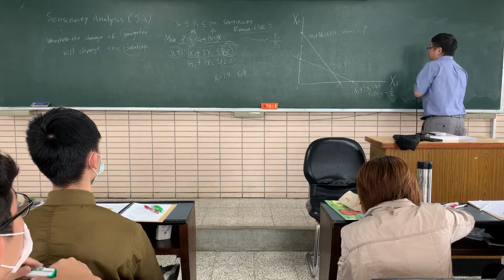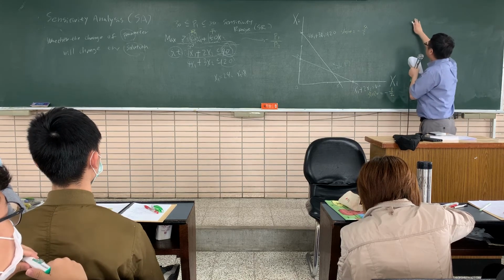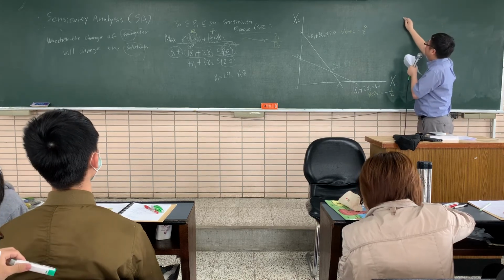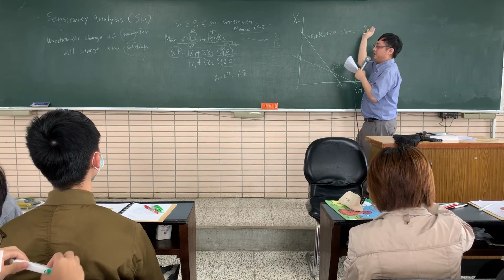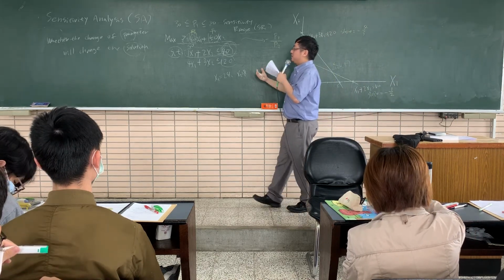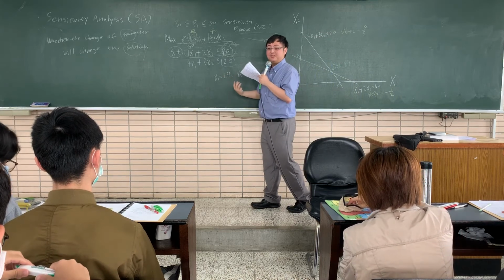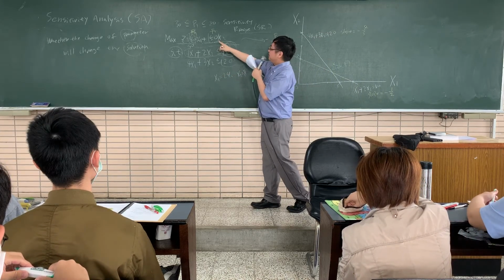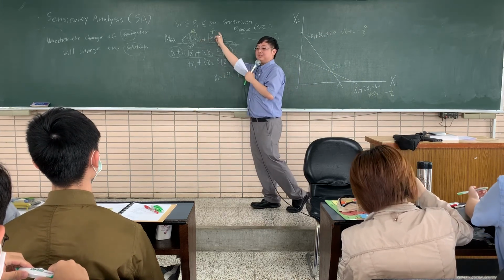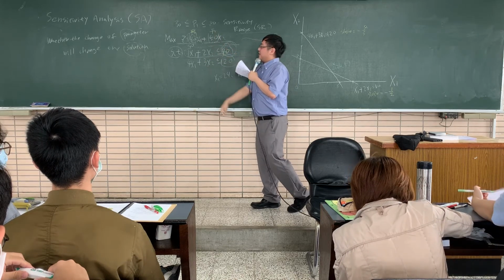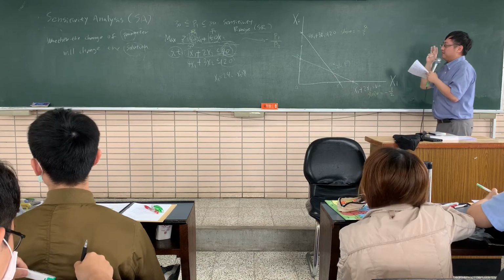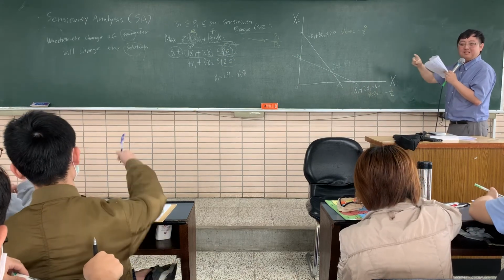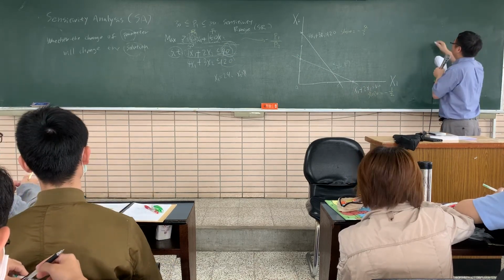So let's see. Okay, I need the slope change of the objective function. How to change the slope of the objective function? Change P1 or change P2, right? But for simplicity, 简化, we now focus on P1 change.